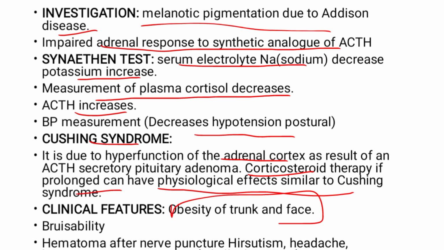Obesity of the trunk and face, which is the main feature, bruisability, hematoma after venipuncture. Hirsutism, which I have told you, is due to corticosteroids. Headache can also occur. And there is obesity of the trunk or moon face, you can say.